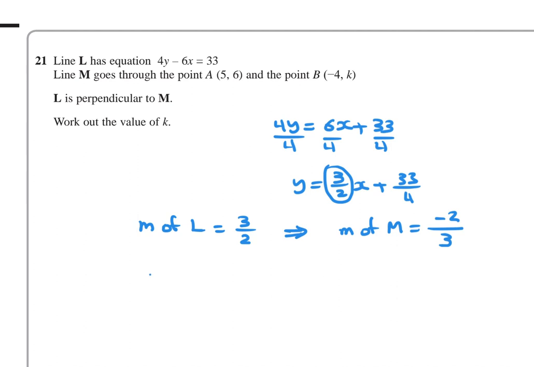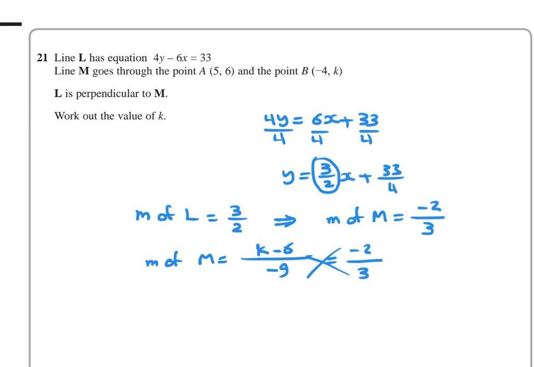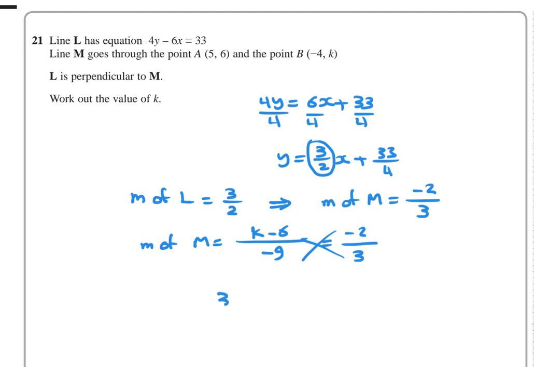The gradient of line M from the 2 points: y minus y, so k minus 6, over x minus x, so -4 minus 5, so -9. So now k minus 6 over -9 equals -2 over 3, equate them, and cross multiply to find k.